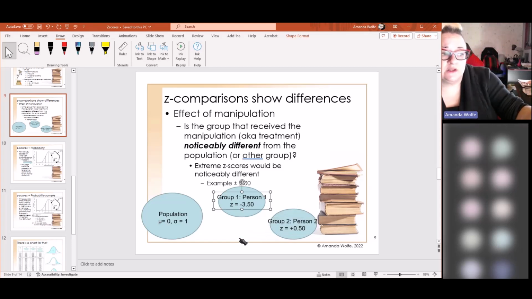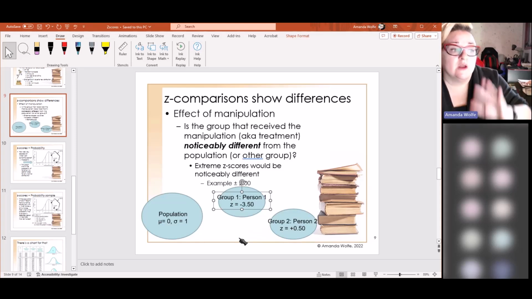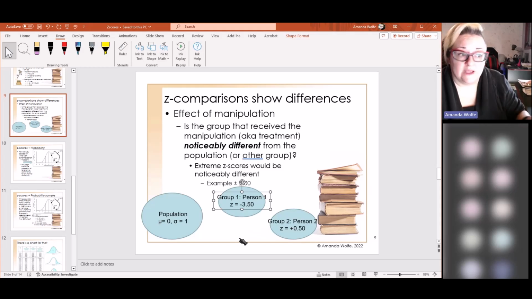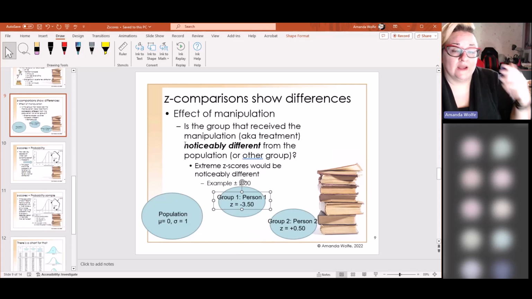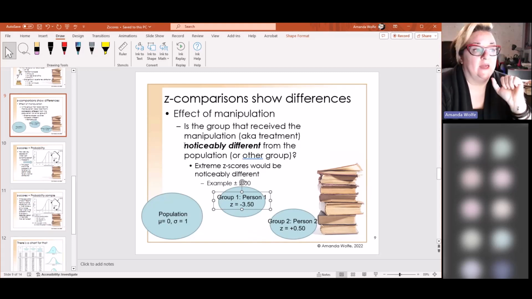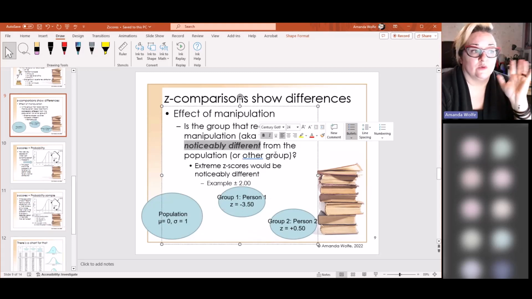Person number 2 is pretty close to the average. It's not even a whole standard deviation away from the average. But person number 1 with their negative 3.5, they have scored way far away. So it helps us to compare, and then it helps us find scores or groups that are noticeably different.